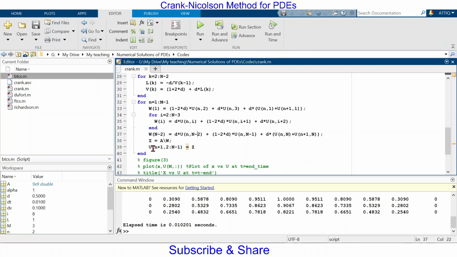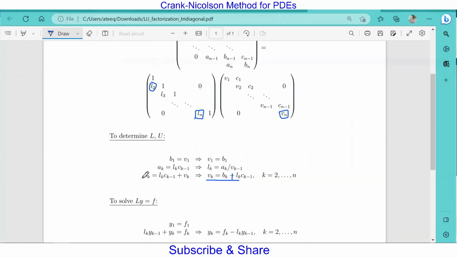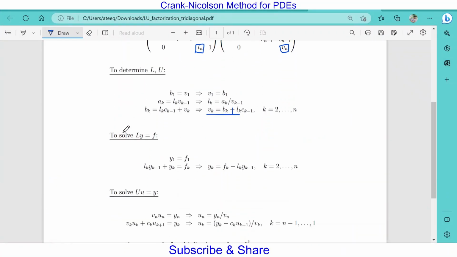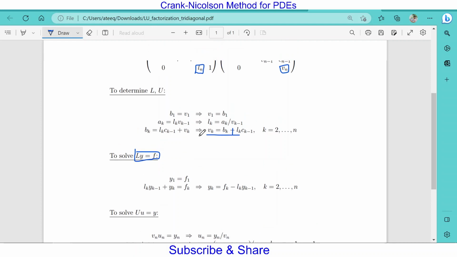Let's see how we will solve those two systems. So we are solving for Z as A backslash W, which means we will be performing this algorithm. First we will solve Ly is equal to F. F in our case is basically W, the right hand side.